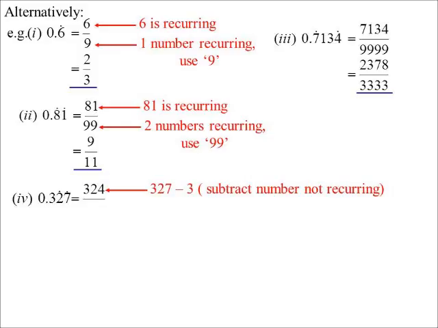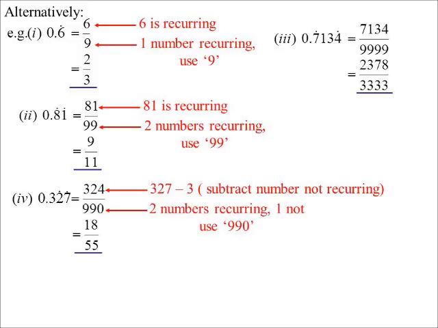That goes on top. On the bottom, 990. Two numbers are repeating, so I write down 2 nines. One number is not repeating, so I write down a 0. How do I know to put the 0 at the end? Well, because if I put it at the front, then it's not going to change the number. It's going to be 99. So it's got to be at the end.